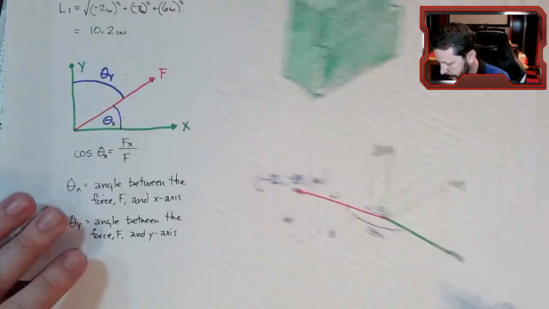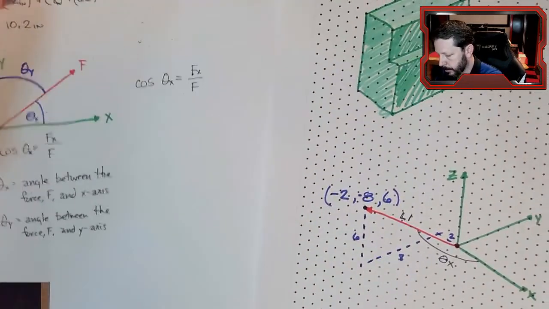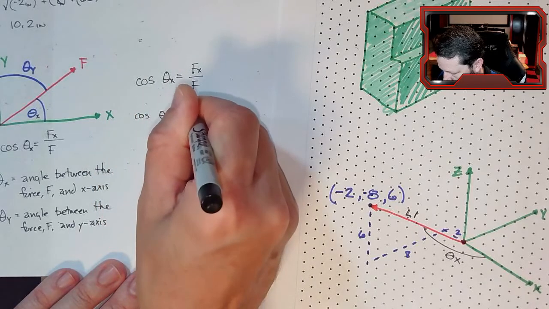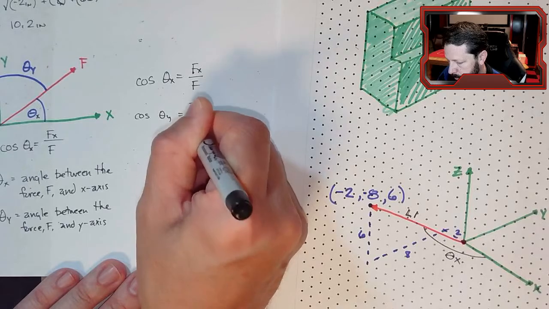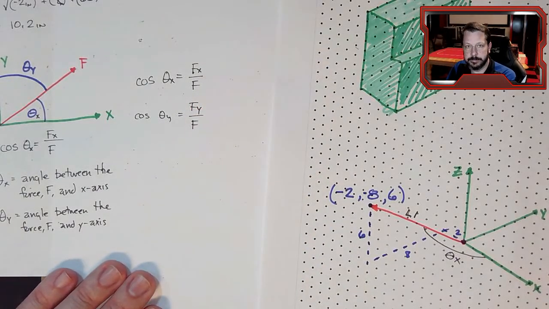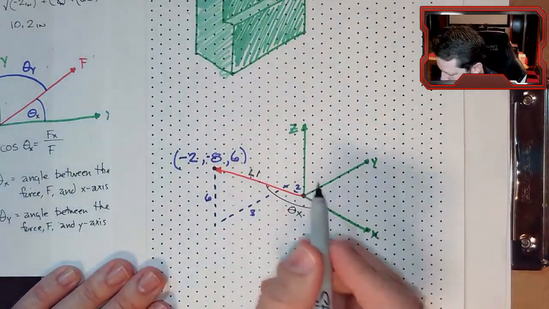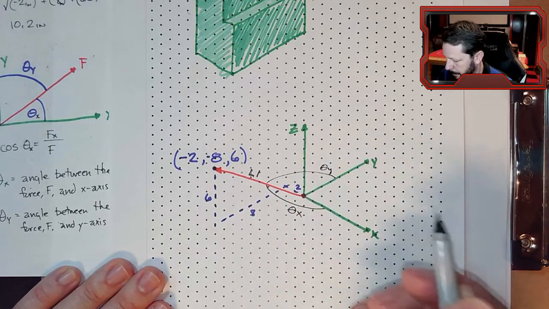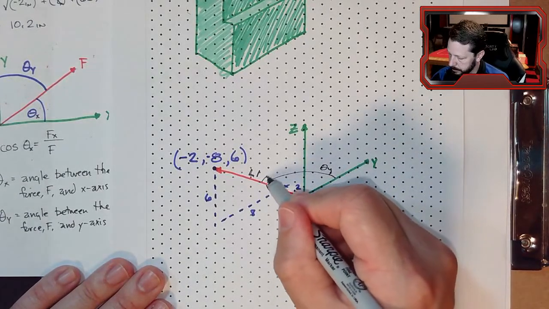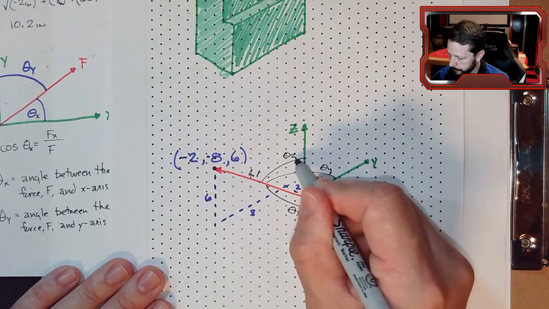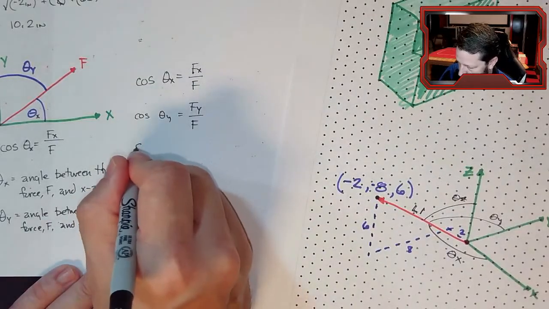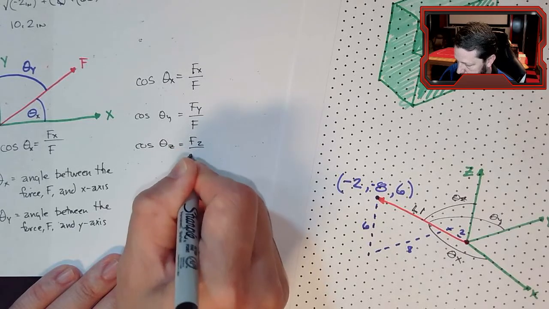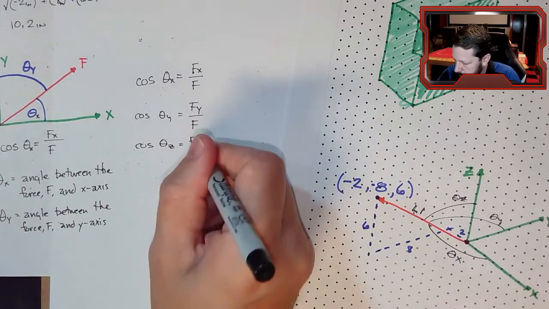So I also need a theta y, where the cosine of theta y is going to equal the y component of this force over its magnitude, and it's going to be, you know, somewhere over here. And then I need a theta z. It's going to be over here. And theta z, just so we have it written out, I think you see the pattern, but just in case, there's theta z.